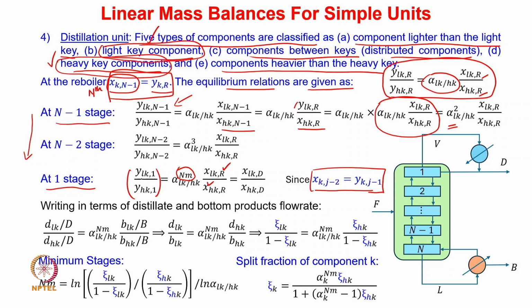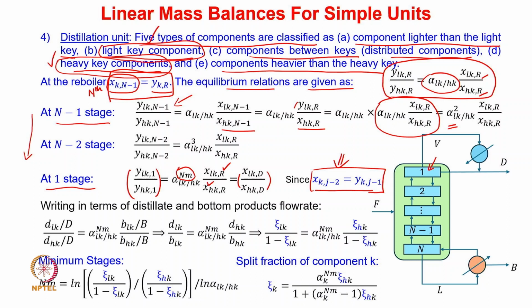So again ylk1 and yhk1, using this particular relation we can write down ylk1 by yhk1. This can be represented as xlkd and xhkd. So what we are saying is at the stage 1, the mole fraction, remember in this case ylk1 is nothing but the vapor going out from the stage 1, isn't it?